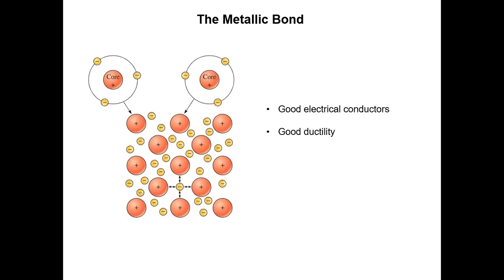If every atom in a metal releases those valence electrons, there will be a sea of electrons around the nucleus of the metal.